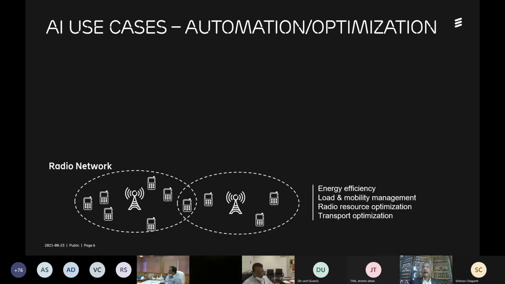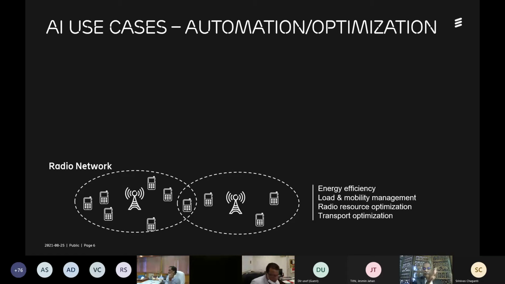The parameters that come up in, for example, the design of a 5G network in itself are so large that you will leverage AI/ML for network build out. So that is another set of use cases.